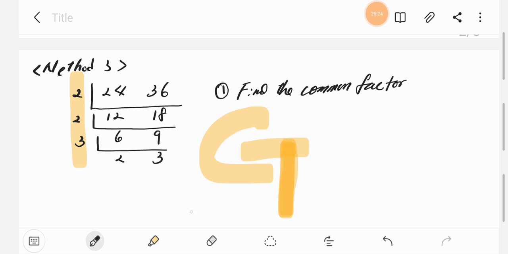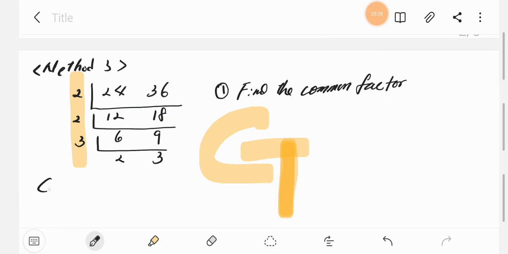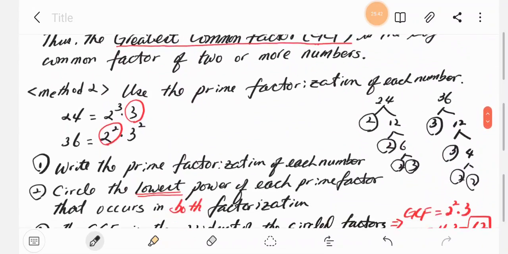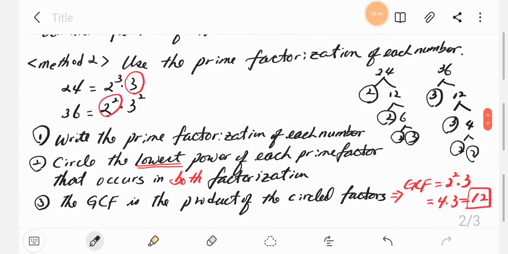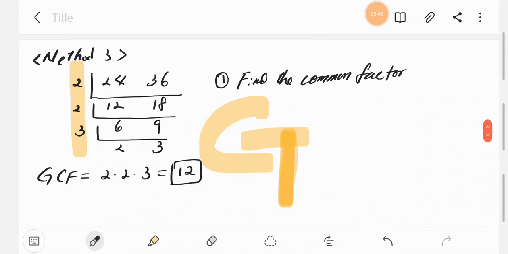So GCF is the product of all these three numbers, which is 12, right? Done. Simple, isn't it? So at least you gotta know method 2. Method 3 is optional, but method 3 is also useful.